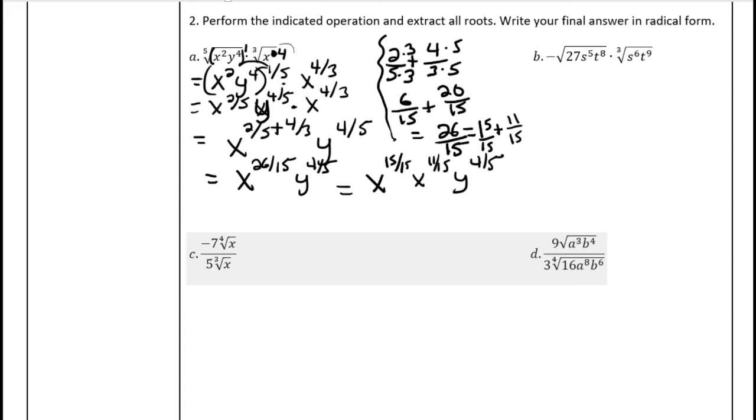Since I did an odd root, 15 is odd, that means I don't need the absolute value. Now we're going to rewrite this in radical form. So x to the 11/15. It's power over index, so the index is 15 and the power is 11.